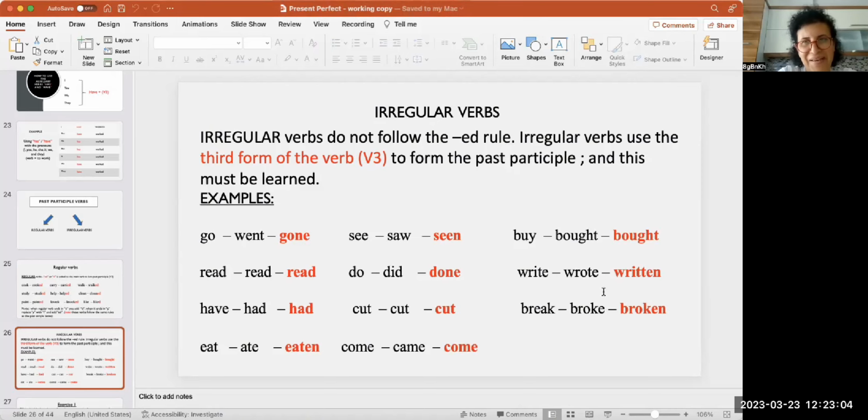Don't spend too much time on that. Just know that this is where the area of we have to learn, okay? Or just have a piece of paper beside you all the time. Irregular verbs, this is my list. Okay, right. Moving on.